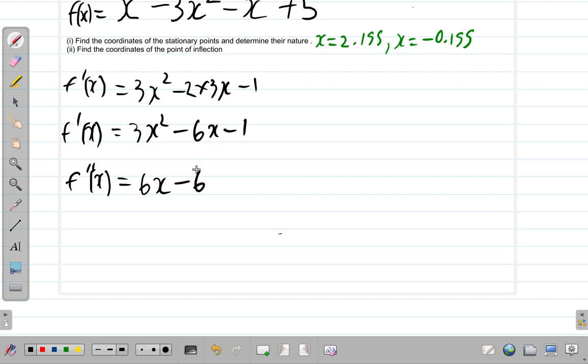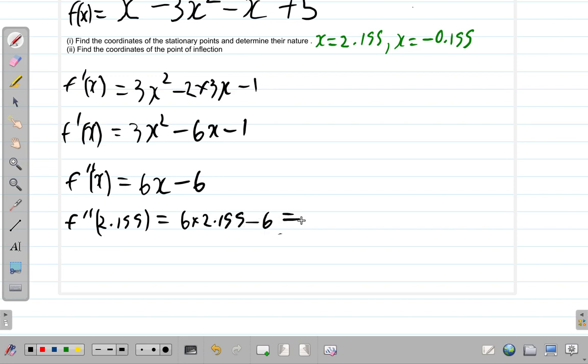Alright? Now, let us substitute 2.155 into this, as well as negative 0.155 into this, and see. Now, f double prime of 2.155 equals 6 times 2.155 minus 6.